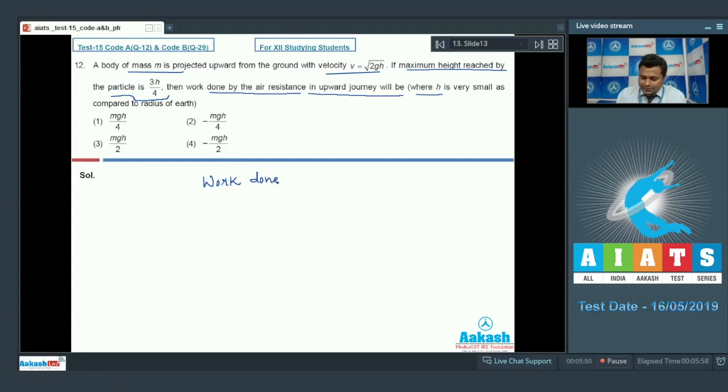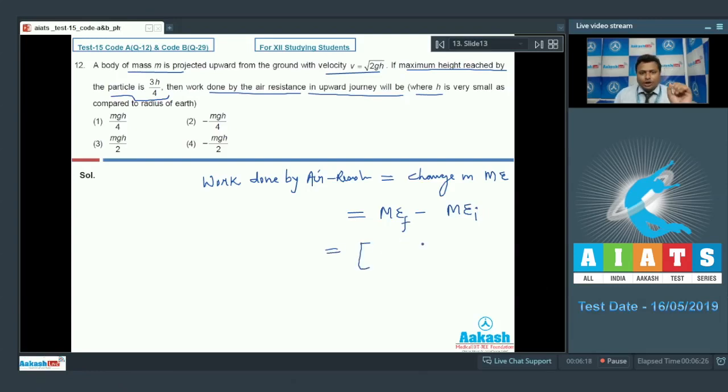We know very well, work done by any drag force, whether it is friction or air resistance, work done by any non-conservative force is given as change in mechanical energy. Change in mechanical energy, we can write final mechanical energy minus initial mechanical energy. Final mechanical energy: object has reached the highest point, velocity will be 0, kinetic energy will be 0. Potential energy mg times height 3h by 4, minus initial energy.